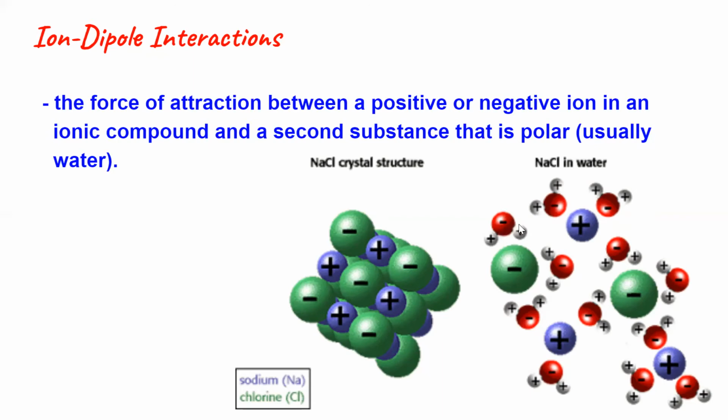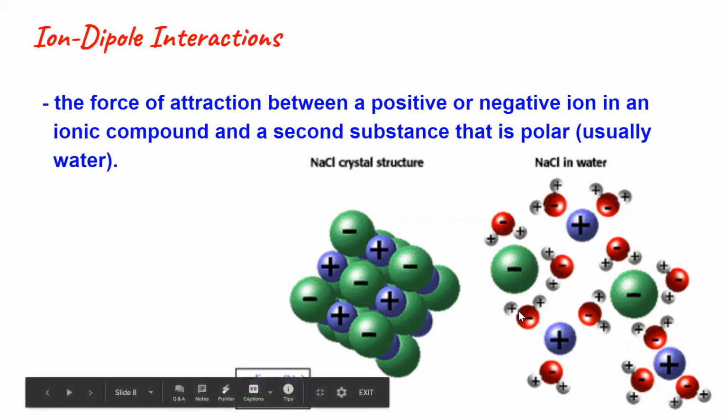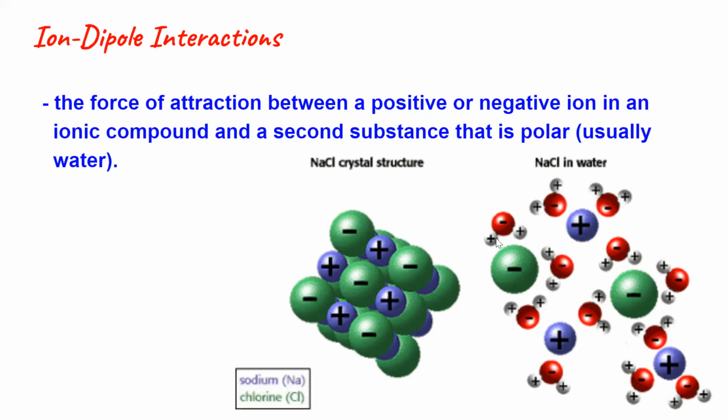You'll see that the water molecules will surround the ionic compound's ions in a very specific fashion. The positive end of water will surround the negatively charged ions, in this case chloride ions. And then you'll notice when we have the sodium ions, which are positively charged, they're surrounded by the negative side of water, the oxygen side of water.